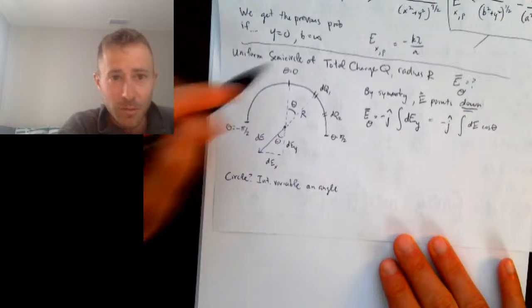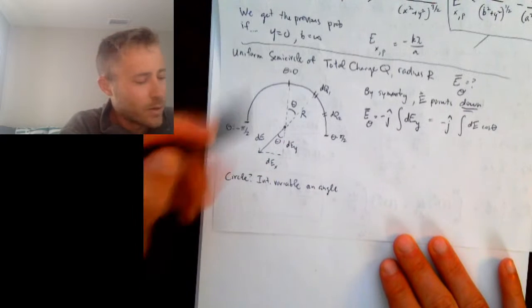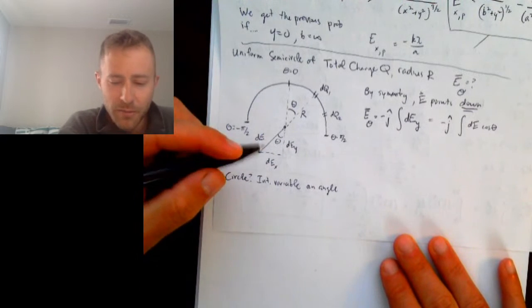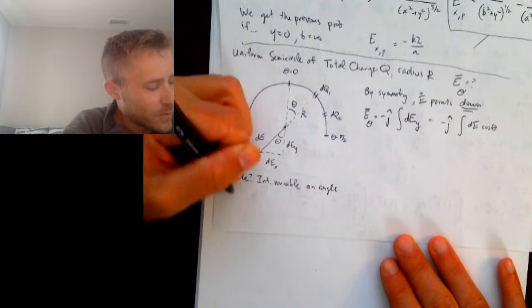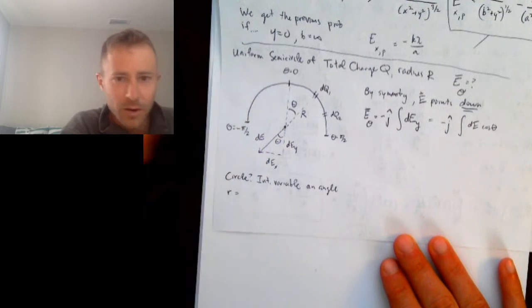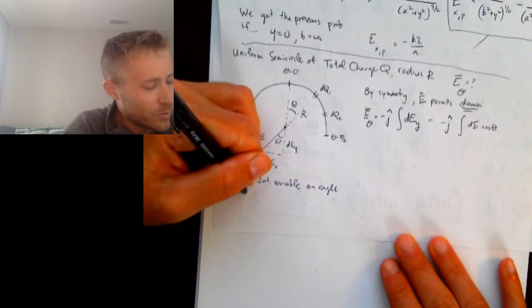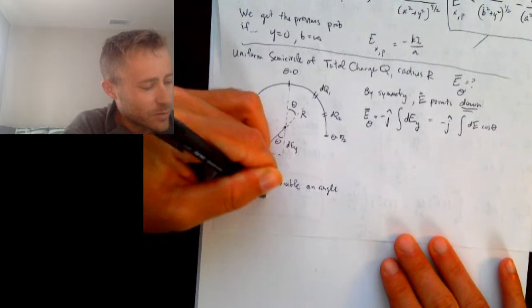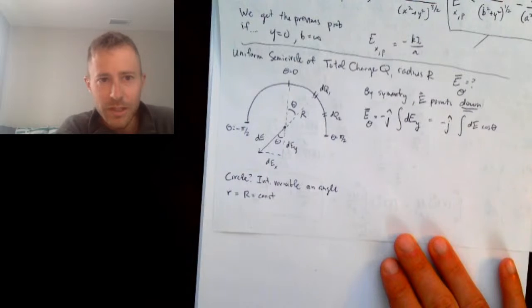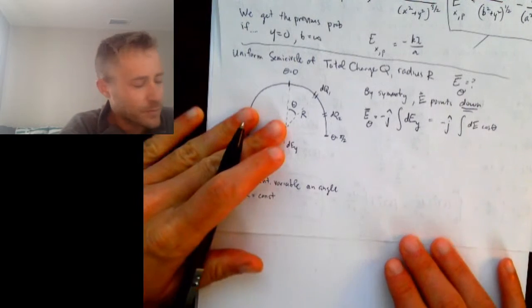That's because it's a semicircle, okay? So what I have is that little r is equal to big R, which is equal to a constant. So in that expression for dE, the little r is going to be a constant.